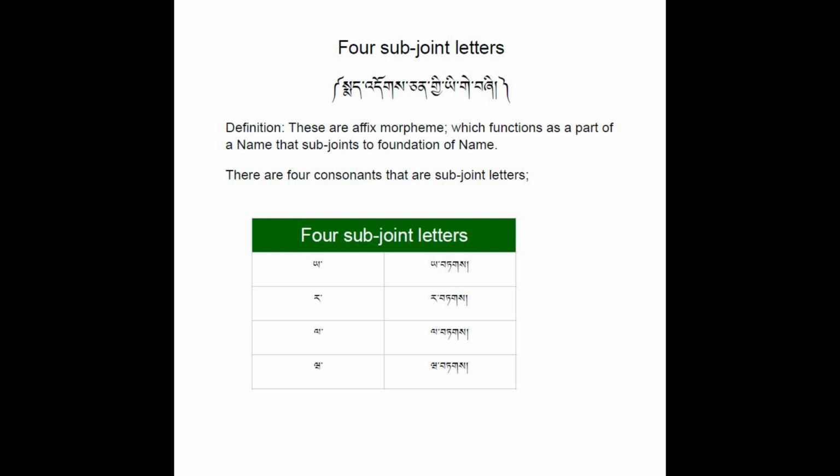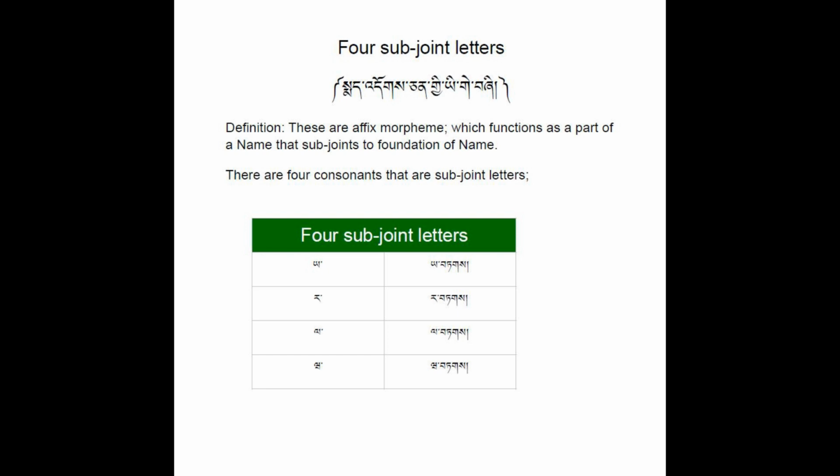So ya tak, ra tak, la tak, and wa tak. So these are the cases, and sometimes you may also see, mostly in the case of mantras, that there are letters which may come below, which are normally not considered to be a subjoined letter.